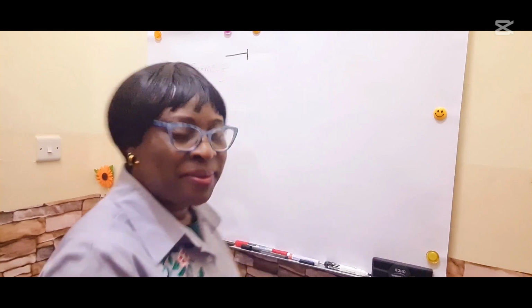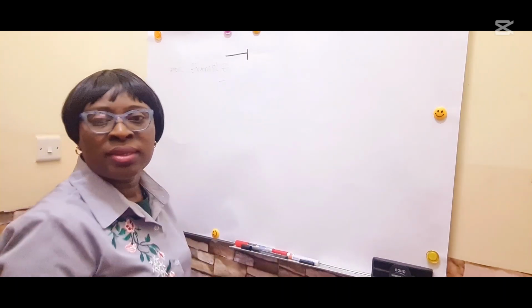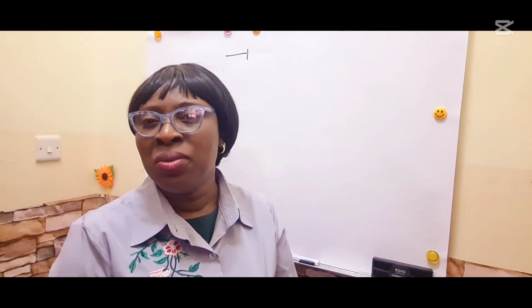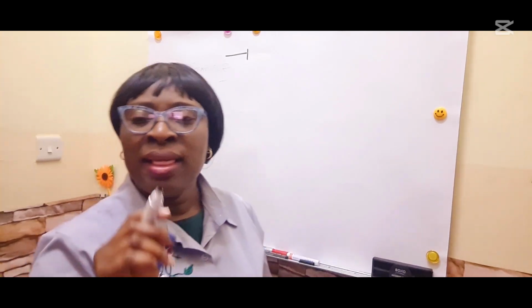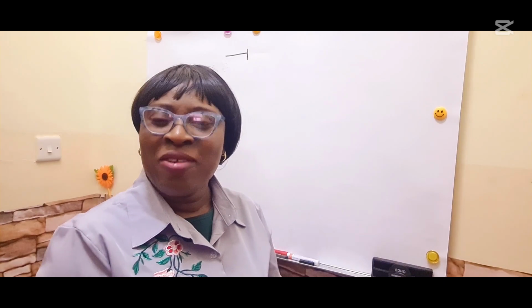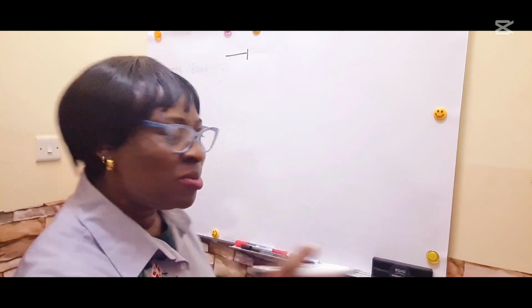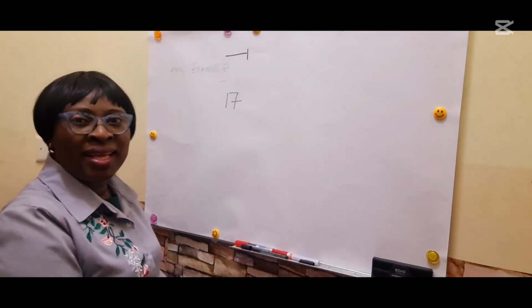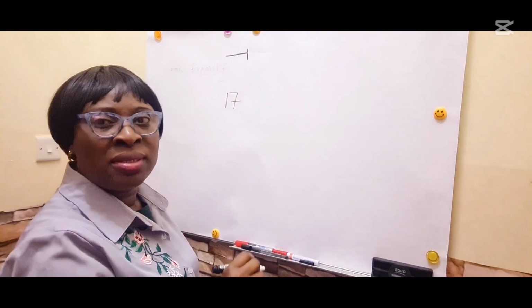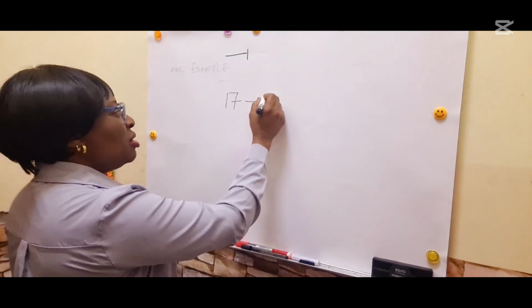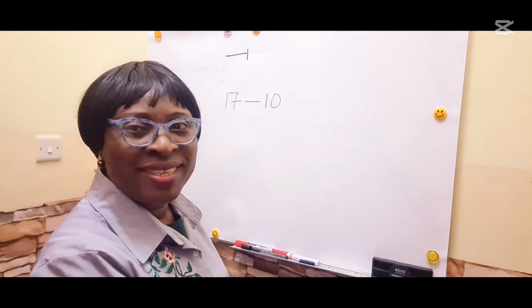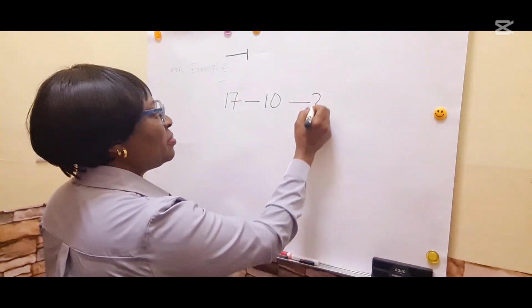For example, let's take the first day of the woman's last menstrual cycle as the 17th day in the month of October 2024.